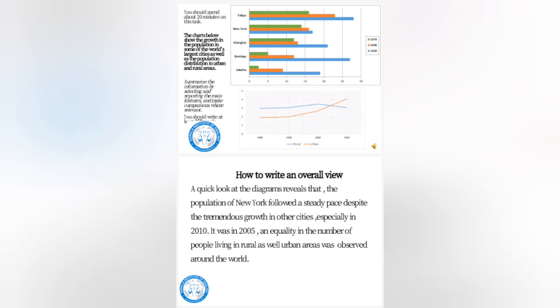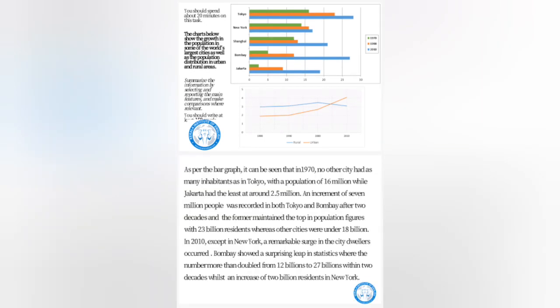Now let's think about how to write a body paragraph. This is not like an essay where we write first of all, moreover, furthermore, in addition. No, nothing like that. Just write it straight away. When you look at the bar graph, you can see that from 1970 until 2010, Tokyo was maintaining the highest number.